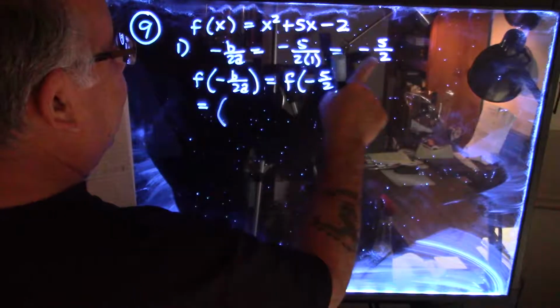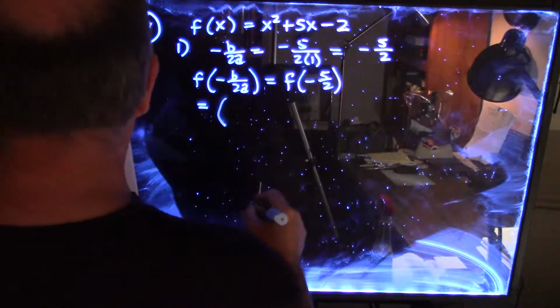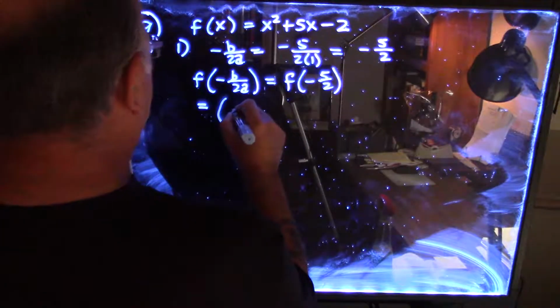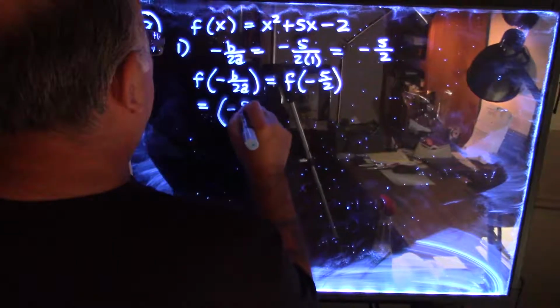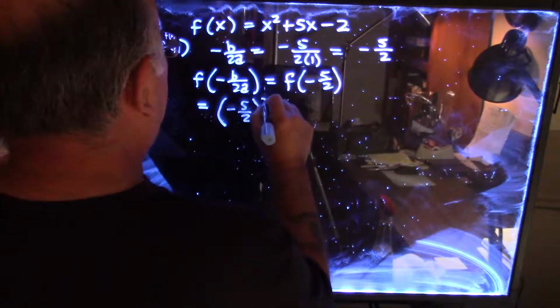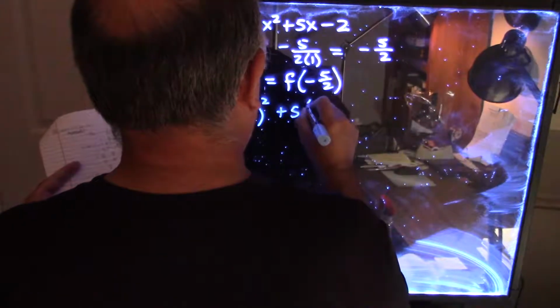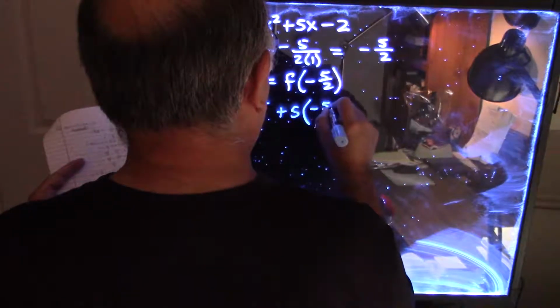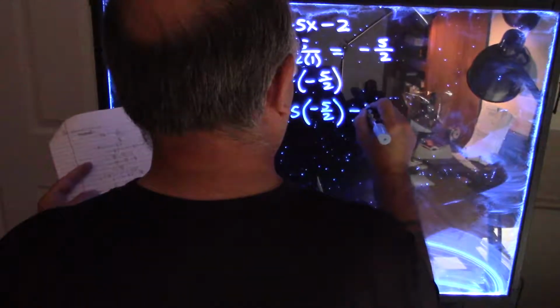In this case, I would do completing the square, personally. I'd use completing the square on this one. But anyway, you've got negative 5 halves squared plus 5 times negative 5 halves minus 2.